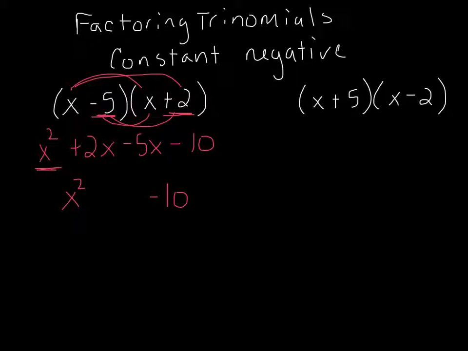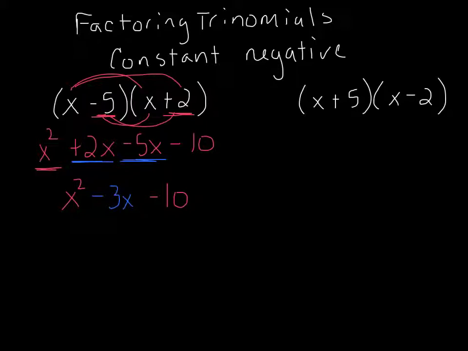Now here's the trick, here's the part that you really need to notice. When you are putting the two factors together, you get positive 2x and negative 5x. When you put those two together, you end up with negative 3x. That's the tricky part.